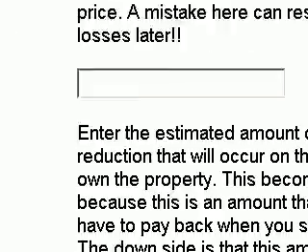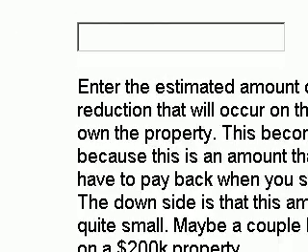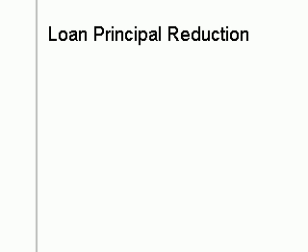The next question that it asks you is loan principal reduction. What this means is that when we finance this property, we're getting some sort of loan, which would be whatever we buy it for minus our down payment. Since this is a fix and flip, we're not going to have this loan very long, but we're going to pay it off in its entirety.